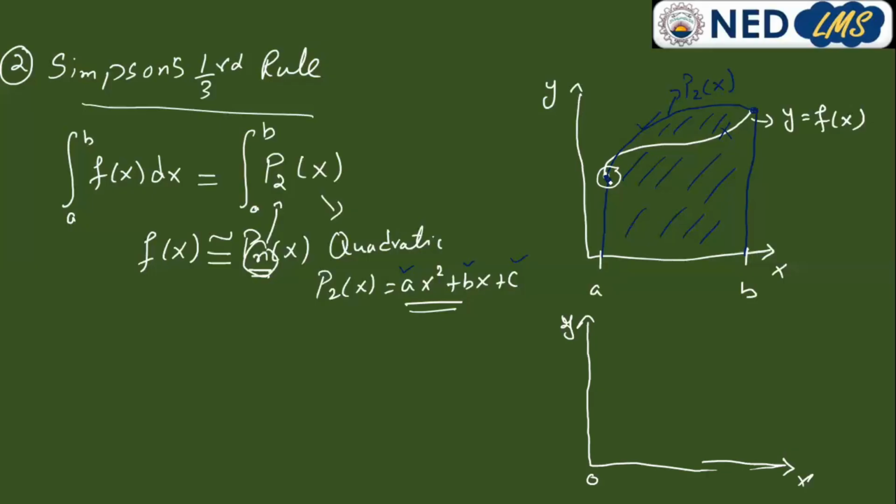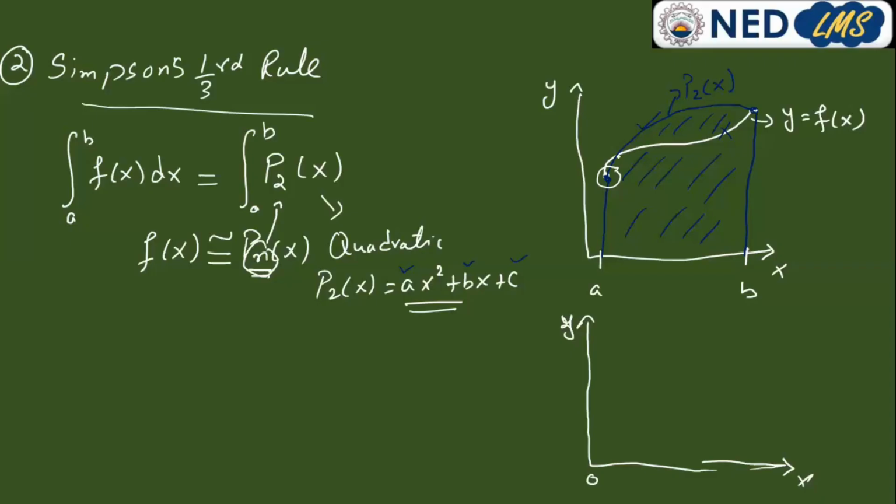You can see that the nodes at the lower limit and the upper limit are matching. This is the condition. I want to find a quadratic function such that its answer at the lower limit matches the value of the integrand, and at the upper limit it also matches the integrand.